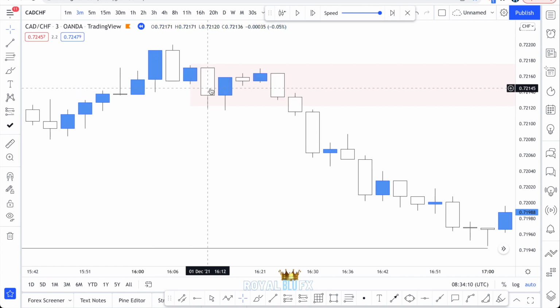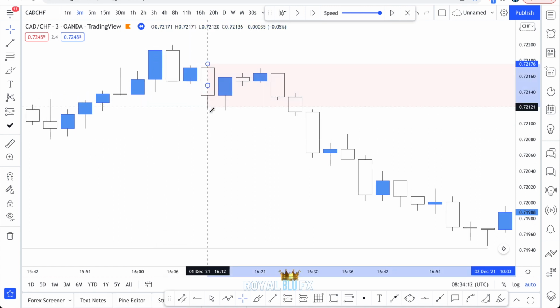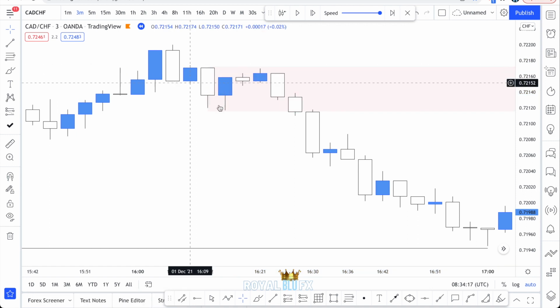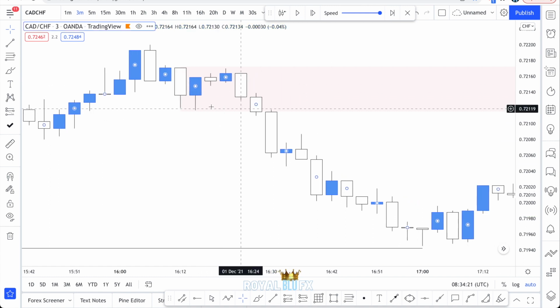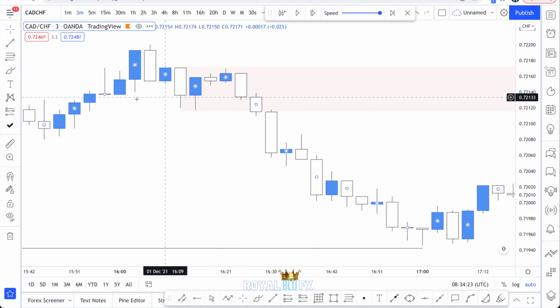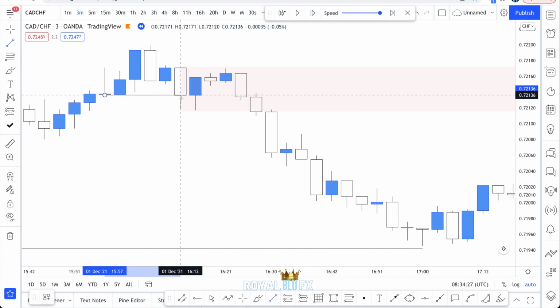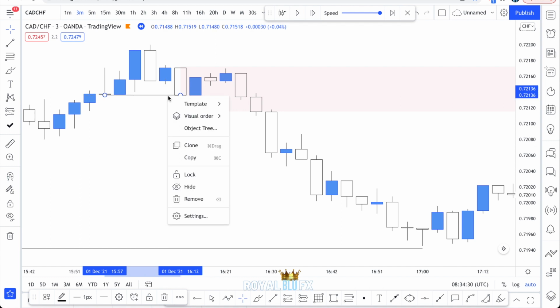Based off of this break, it would actually be this one right there. Within this range, this would be your last up candle before the down move, because price broke structure here. You can see it right there, right here.